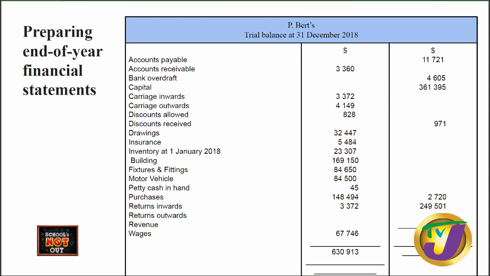So, using this example, it's important that we write the correct heading. The name of the proprietor here is P Birds, so we write P Birds.